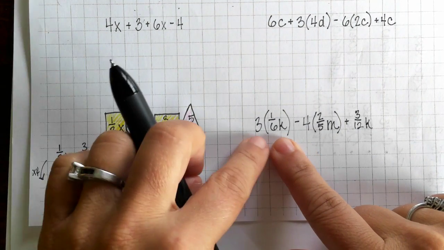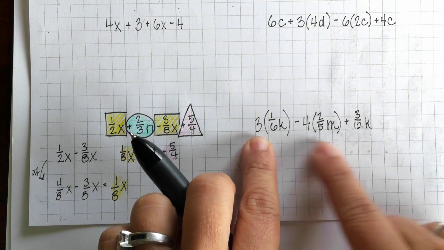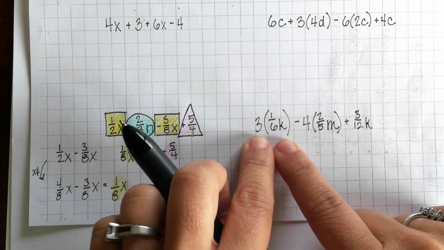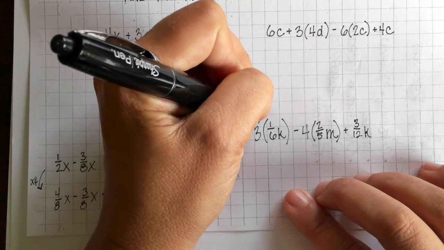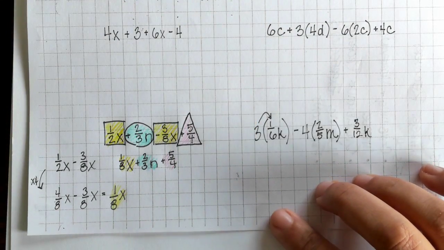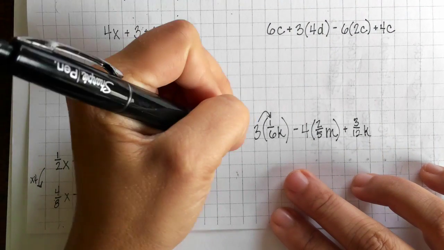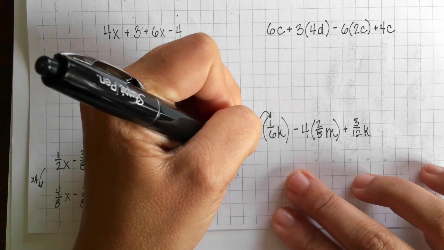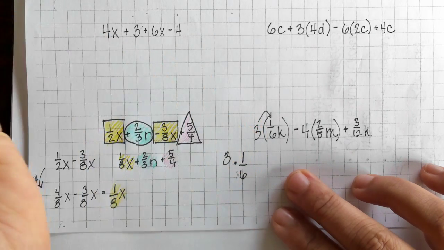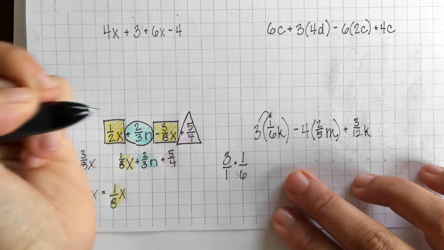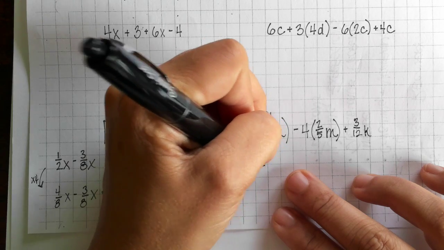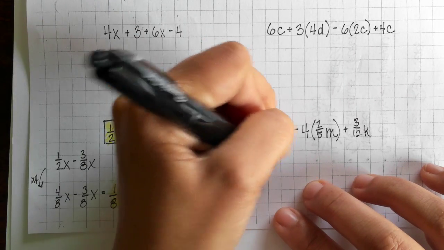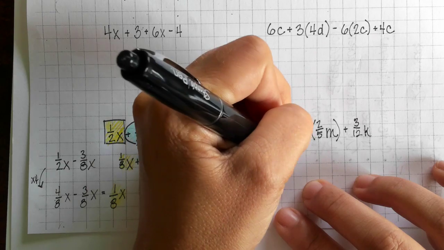Looking at the next one, I need to do this multiplication before I can start combining parts. So I've got to actually multiply in my 3 times my 1/6, and so if I've got 3 times 1/6, well, then it's 3 over that 1, and so that becomes 3/6, also known as 1/2.